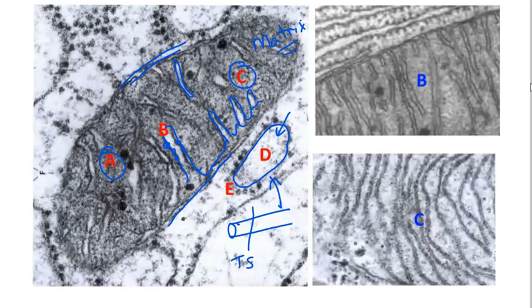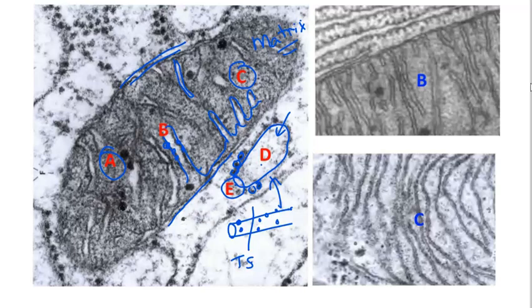And around the outside of this tubular structure are the dots shown here. E, I'll just highlight these darkly stained dots here, and those are the ribosomes. So E and D together make rough endoplasmic reticulum.